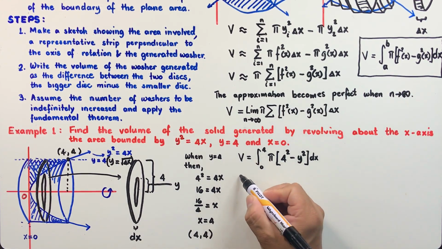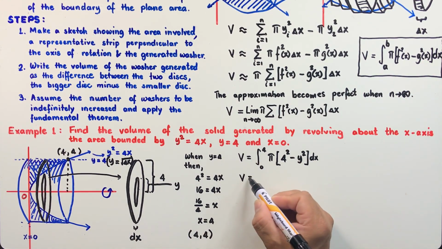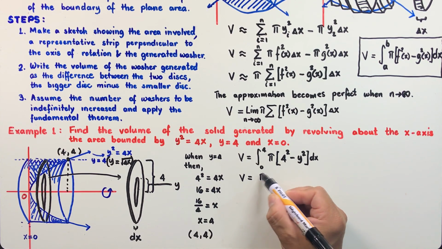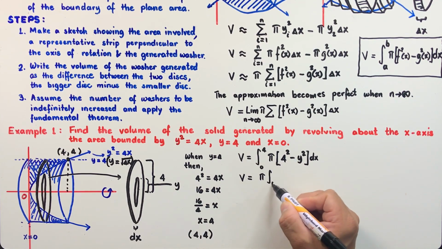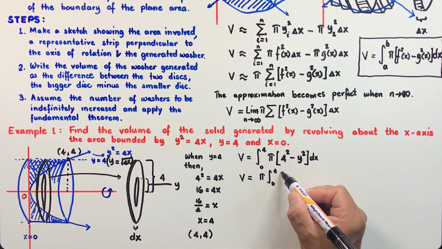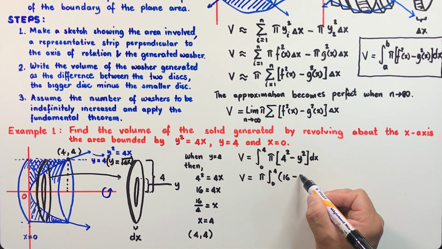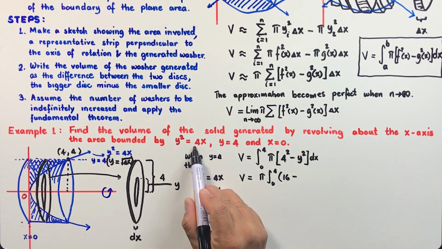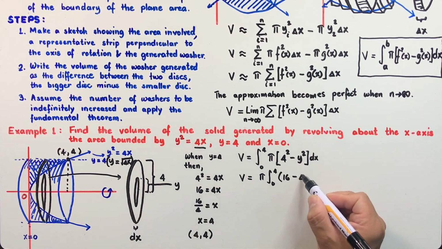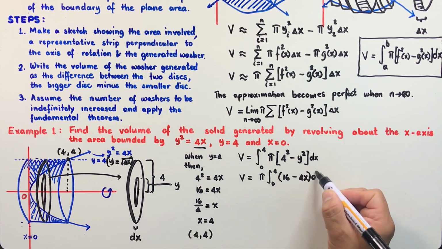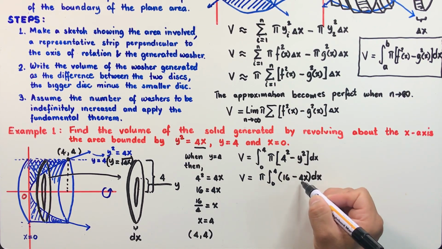So factoring pi outside the integral symbol, we have pi times the integral from 0 to 4 of 16 minus y squared, but our y squared in terms of x is 4x. And why do we change y in terms of x?